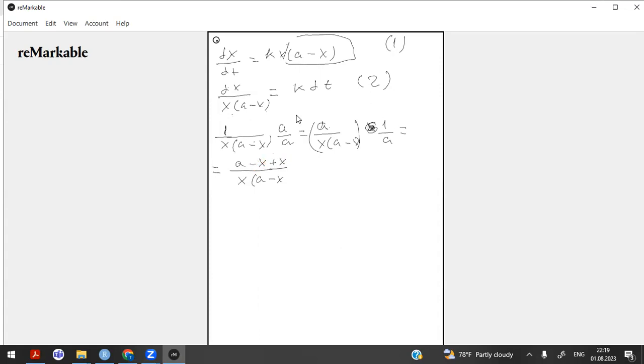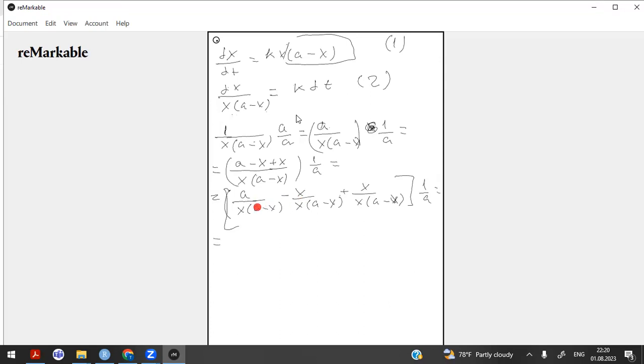Now we can separate it: we have a - x over x(a - x), plus x over x(a - x), and all this multiplied again by 1 over a.